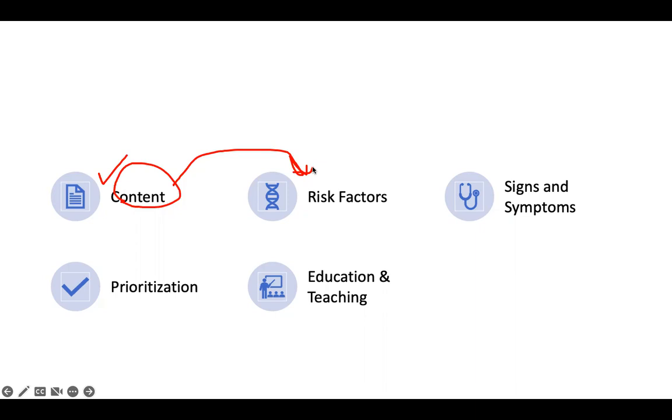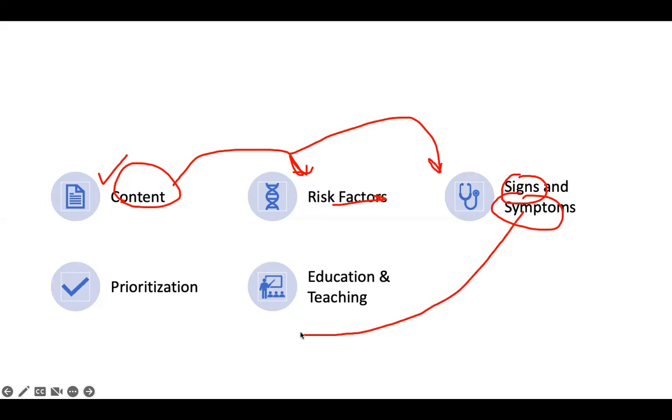And out of those risk factors and the content, you can find signs and symptoms, the things the patient will show, the pathological and the physical findings. The risk factors will lead you to the signs and symptoms. If you know how somebody is going to present with pneumonia, then it will be easy for you to treat them. And the signs and symptoms, what does it give you? It gives you prioritization.